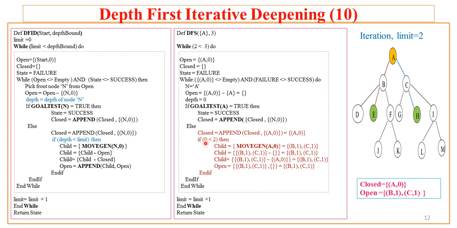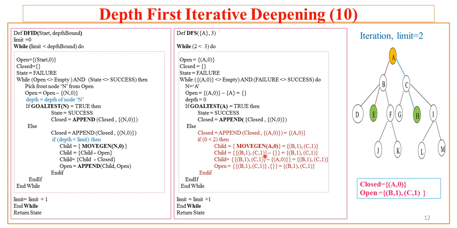Now, is the depth of the current node A less than the updated limit 2? Yes. So it will call moveGen for A. Again the same sequence of operations is repeated, which we have already seen in depth limit 1. So moveGen will return the child nodes of A, which are B and C at level 1.